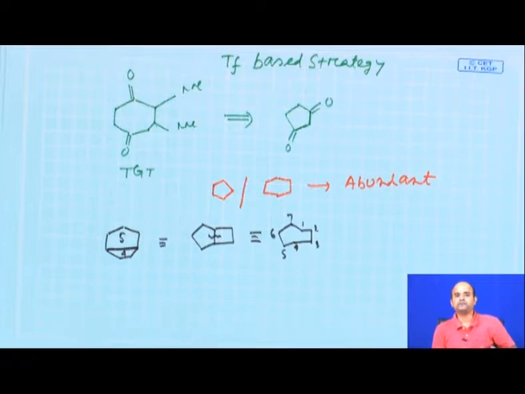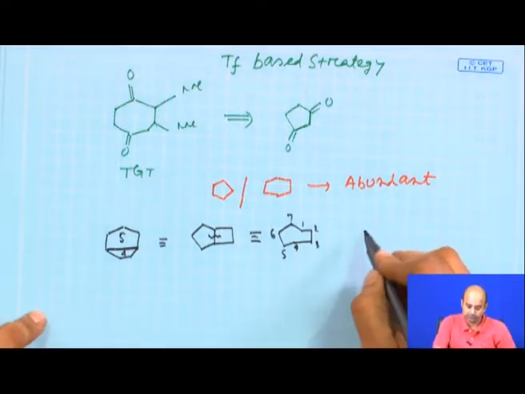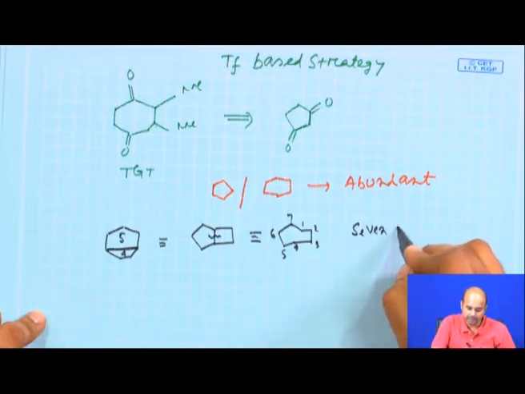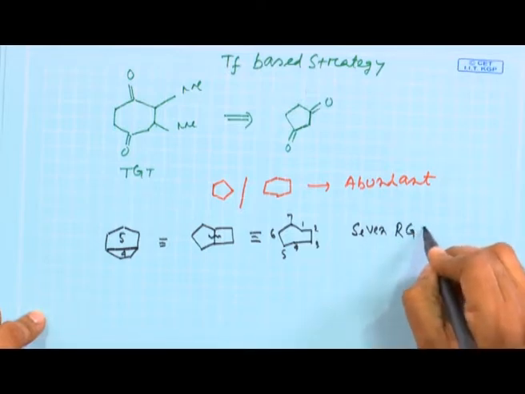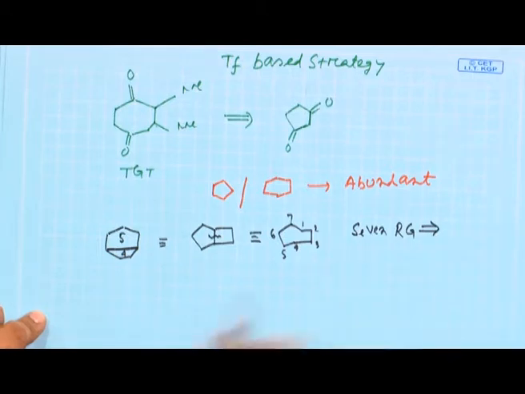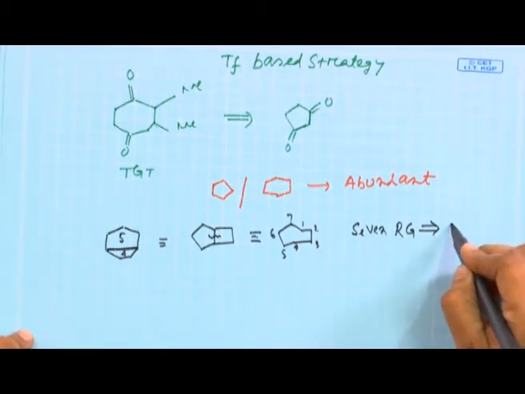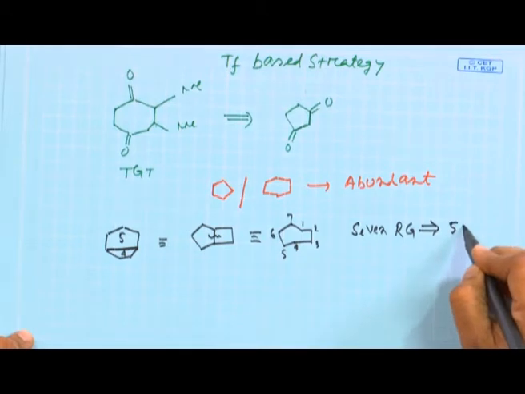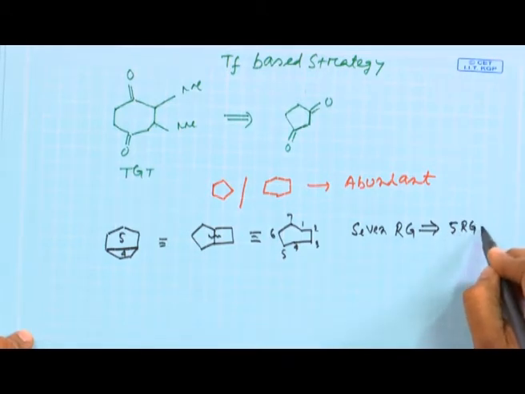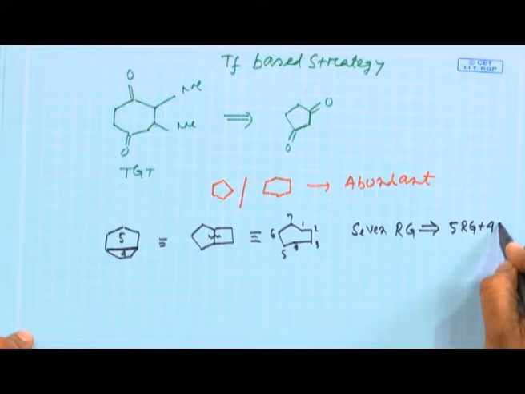So, in principle this kind of strategy is very useful. A 7 member ring can be a potential target if you have a 5 member ring plus a 4 member ring fused together.